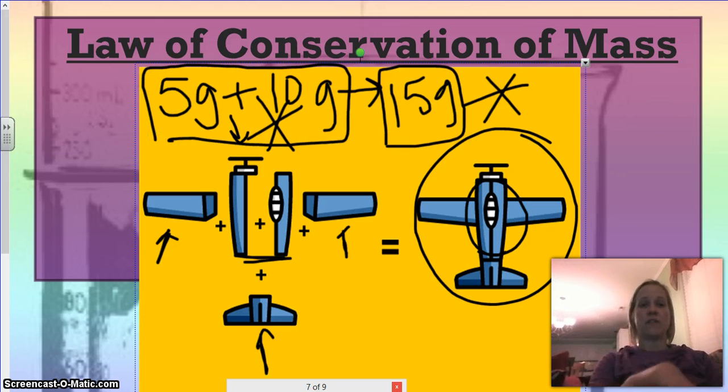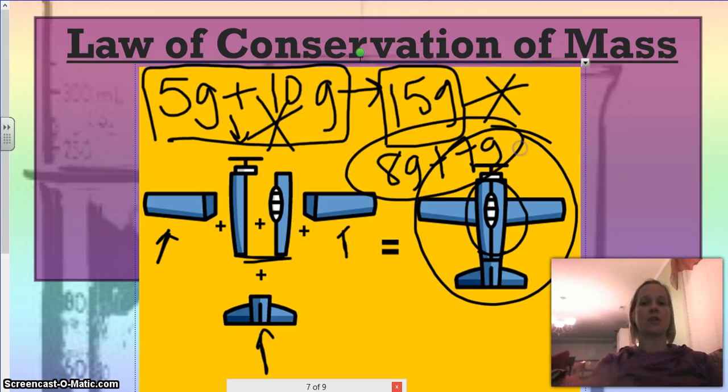Now, it could be that the 5g plus 10g gives me 15g. Or it could be 5g plus 10g gives me 8g plus 7g. It doesn't matter. This is still 15. So the bottom line is, whatever I start with in a reaction, I have to balance it on the other side, and I have to be present in the same amount. Not the same exact way, but in the same amount. Okay?